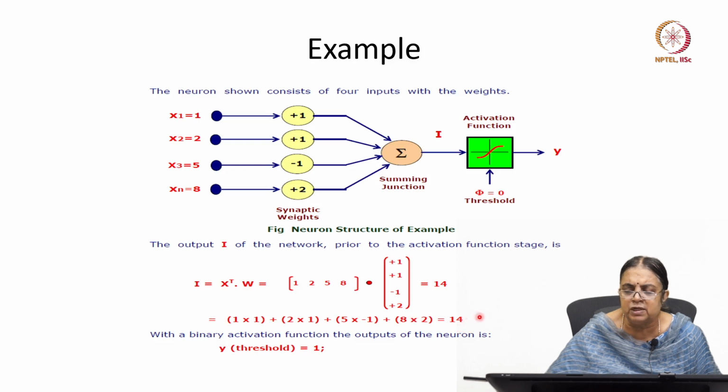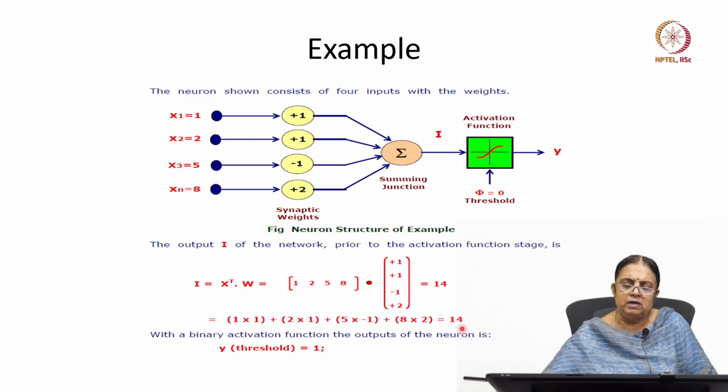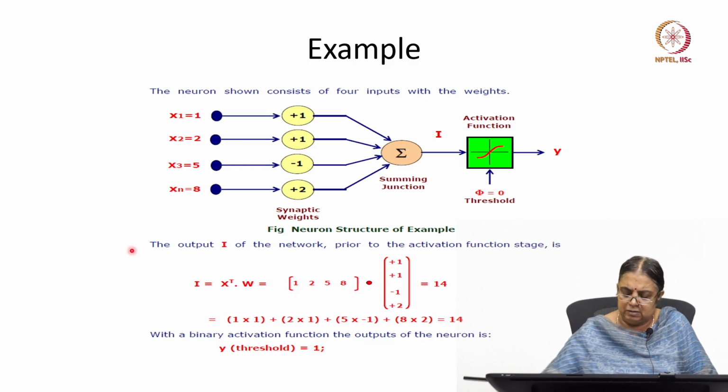So you get 14, and if you are using a binary activation function, if the value is greater than 0, then your output will be 1. So that is what you are getting over here. Or you could be using the sigmoid activation function, so it will be 1 over 1 plus e to the power of minus 14.